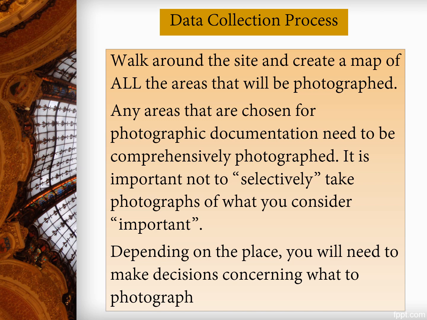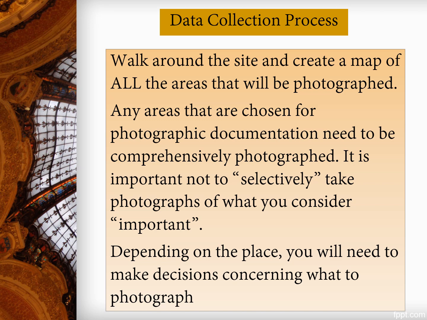In other words, you do need to put parameters perhaps on what you're photographing, but don't walk around and choose to take a picture over here and a picture over there and something up here and something down there. If you are taking photographs in a particular area, really comprehensively photograph that piece of the area that you are looking at.